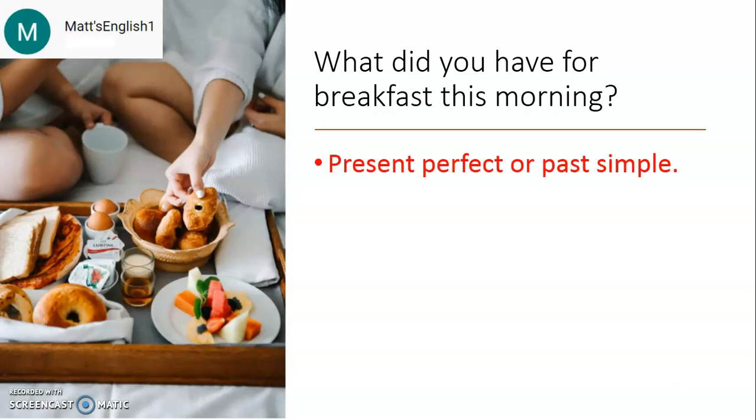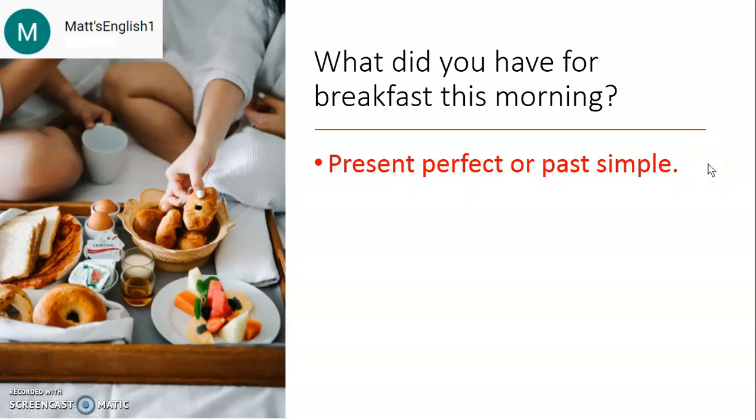We could use the present perfect tense because it's still the same day, the same morning. We're talking about what we have done from this morning up until now. Or, because breakfast is finished, we could use the past simple. So can you answer using both of these tenses?